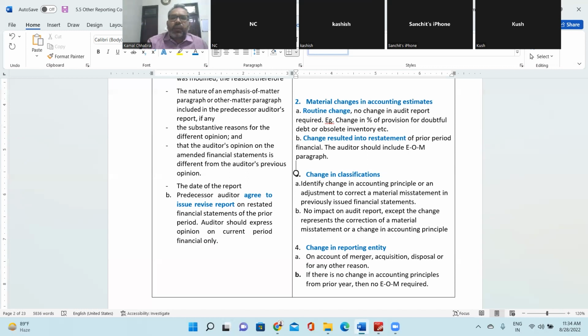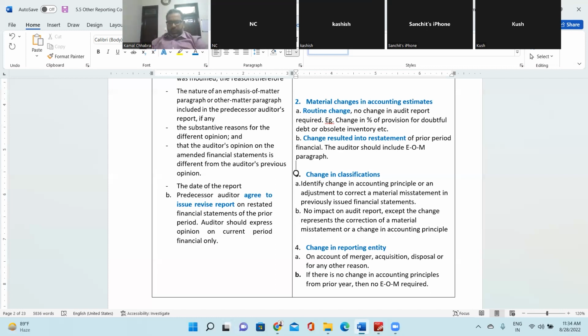So for example, like we were discussing earlier, this is also an estimate, when you are changing the method from FIFO to weighted average method, or any estimate which may require a change in the previous year financial statement as well. For example, you might have missed something in the previous year. Say you are doing a provision for long-term employee benefit.